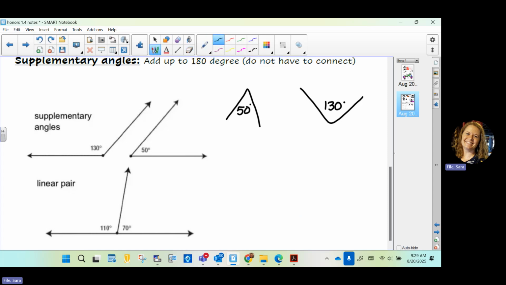Okay, where linear pair, on the other hand, they have to be on the same line. Okay, they are going to have a common shared side. They are going to touch. They're going to have a common vertex. Does that make sense? And maybe you want to write that. Okay, a common vertex.